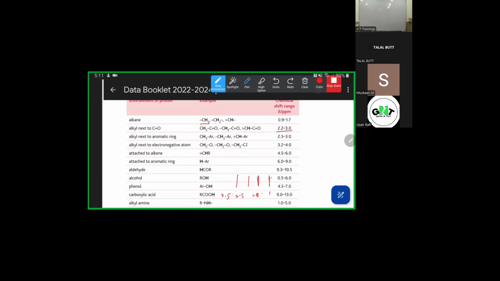But we don't need any carboxylic acid group, so we are not going to use this one. So anywhere else we got 1.8? This OH is also having the range of 1.8. So the alcohol group may be present because he said that this is the alcohol. So we are going to take this one, and then 2.5.